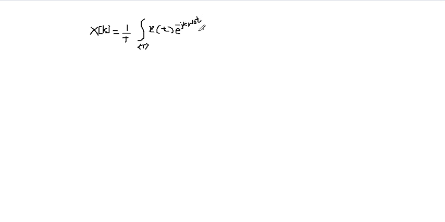Now dt. What all we have, we need to substitute over here. We need the value of x of t. The x of t here is e raised to minus 2, so that is there with us.